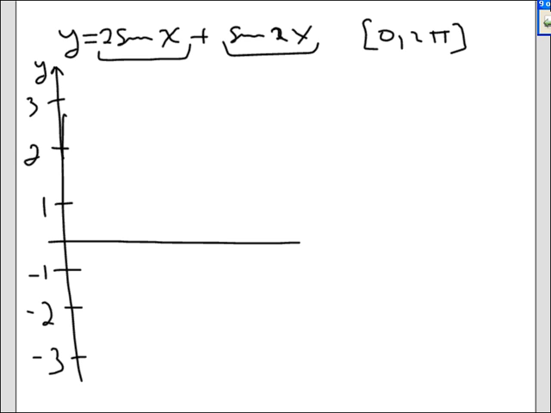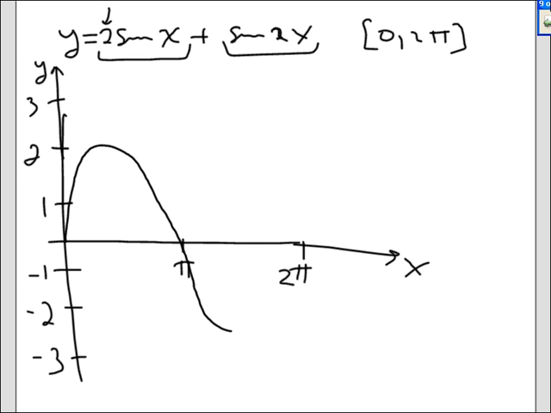And to do these easily, you need to think of it. 2 sine x, well, that's just a regular sine graph, and the highest value and the lowest value is 2. That graph looks like that.